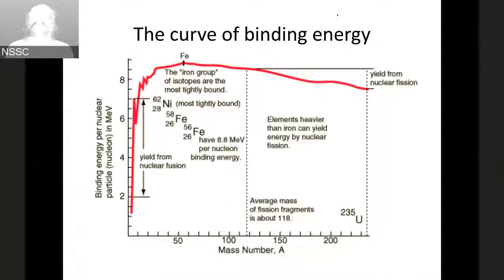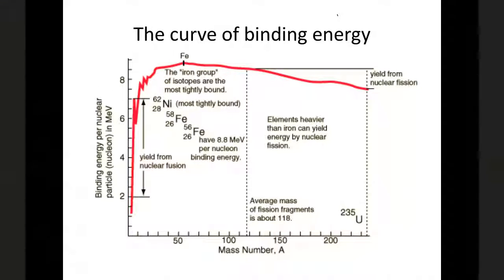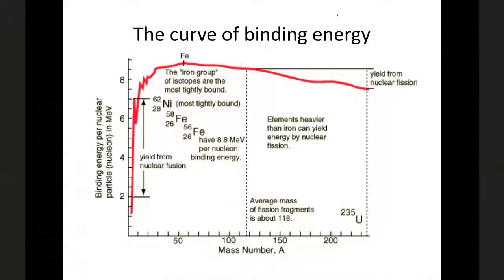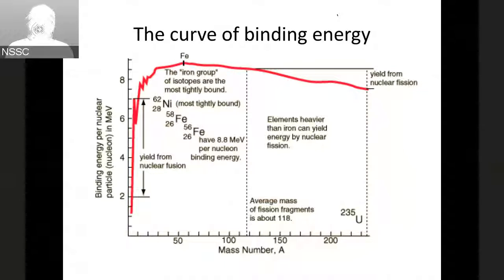So basically, the difference is slightly less than an MeV times 236. This is the difference. That comes out to be a number on the order of about 200-something MeV. That's the energy release per event of fission.